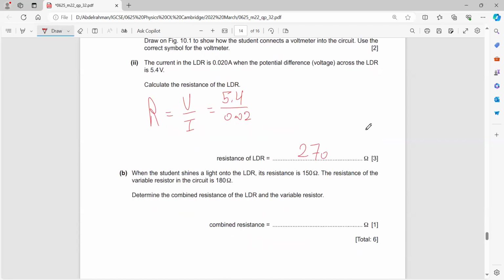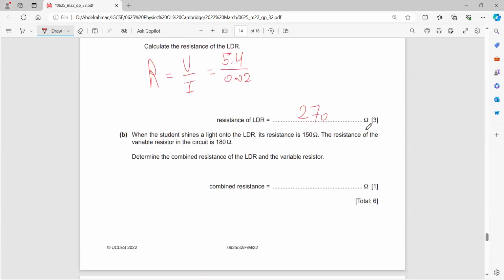Okay. When the student shines a light onto the LDR, its resistance is 150 ohms. The resistance of the variable resistor is 180 ohms. Determine the combined resistance of the LDR and the variable resistor. 150 plus 180 is 330 ohms.